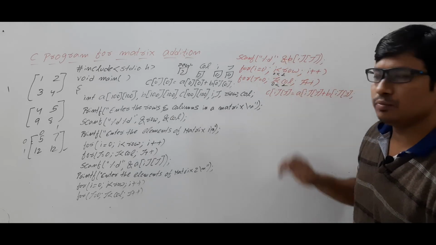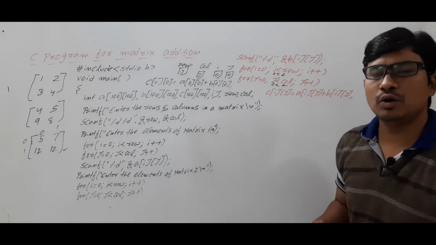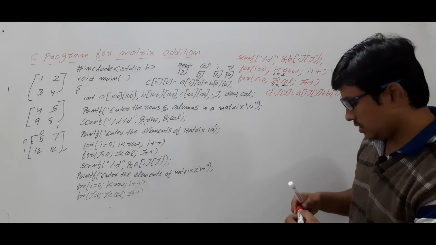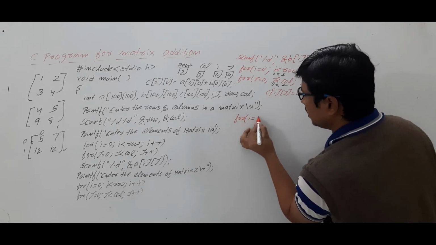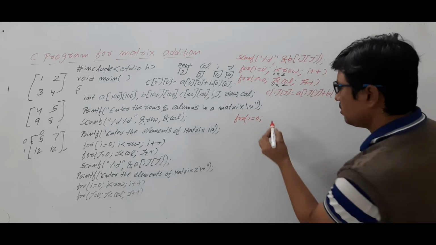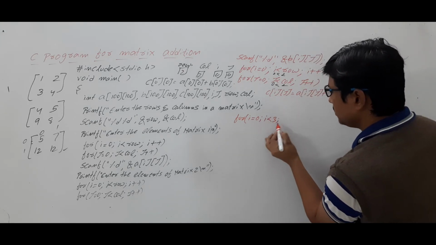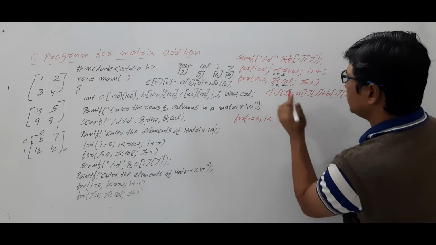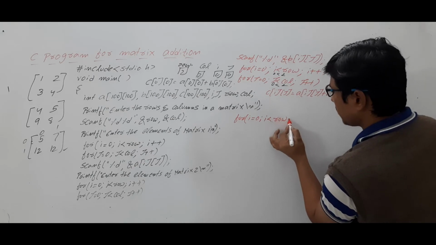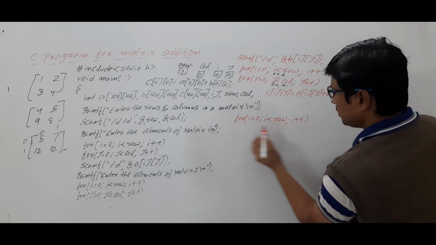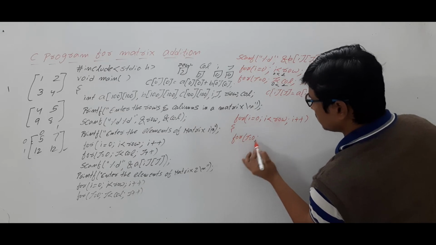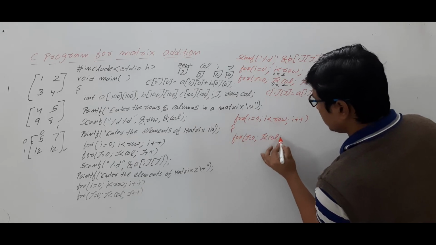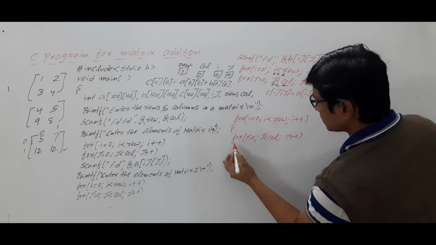Now once I have computed the sum, I need to display the output back to the user. How I will do that is, again I will use the nested loops concept. For i is equal to 0, i less than row, i plus plus. Let me open the curly braces. For j is equal to 0, j less than column, j plus plus.